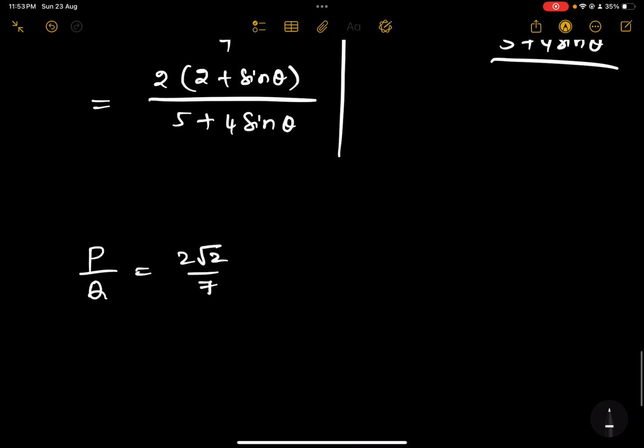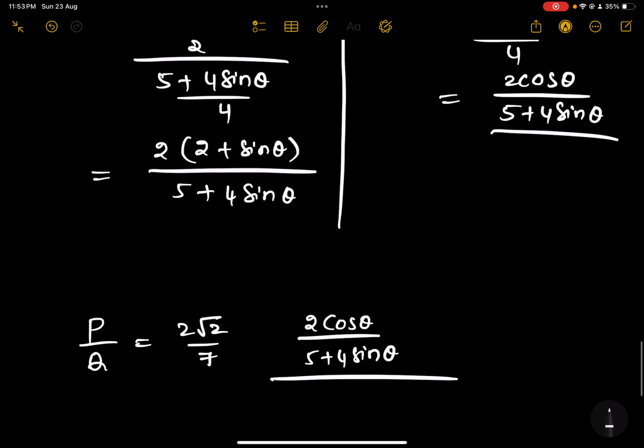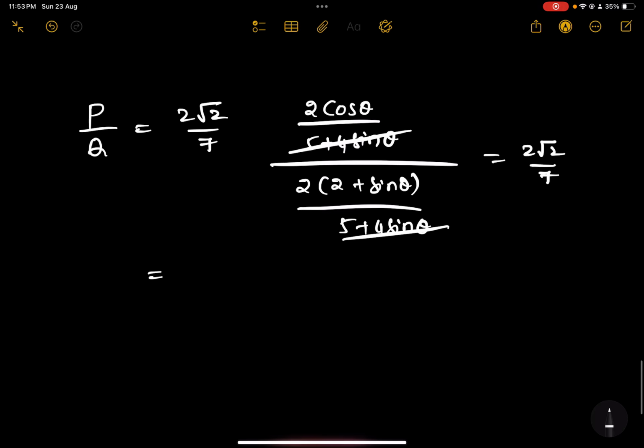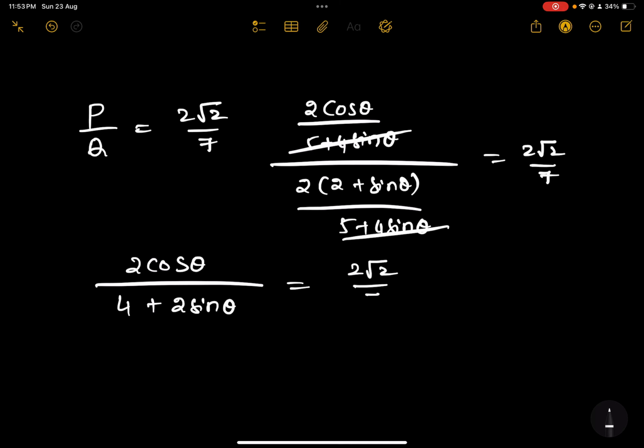This is p, 2 cos theta by 5 plus 4 sin theta, divided by q. q is 2 times 2 plus sin theta upon 5 plus 4 sin theta. This is simply 2 root 2 upon 7. So this and this get cancelled, and you'll be left with 2 cos theta upon 4 plus 2 sin theta is equals to 2 root 2 upon 7.